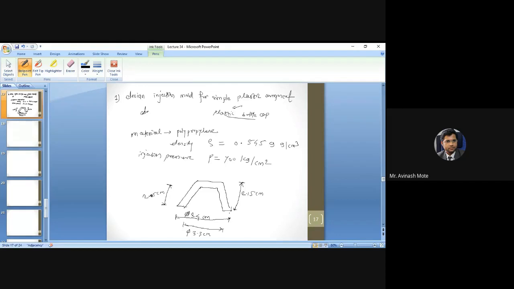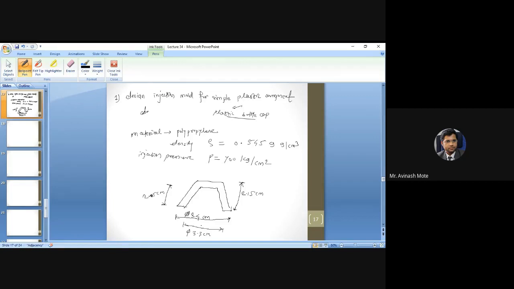So the thickness will obviously be 10 millimeter. So all the dimensions are in centimeter: larger height 2.15, smaller height 2.05, larger diameter 3.4, and smaller diameter 3.3 centimeter. Getting it? Okay.